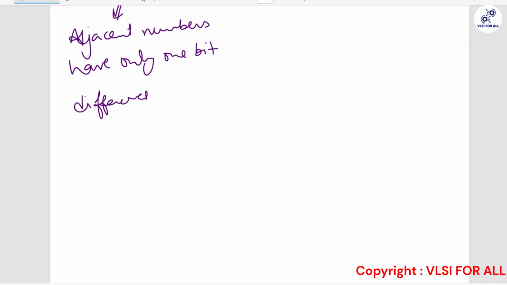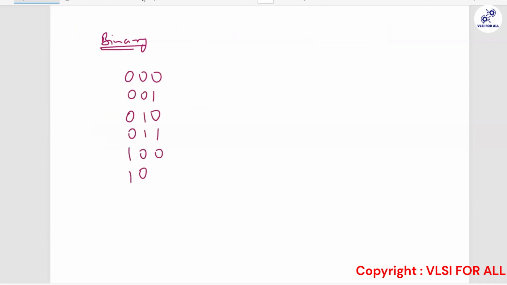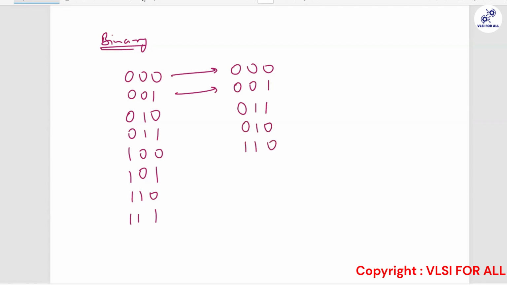So if you simply say binary coding versus gray encoding, how do we write binary? We have these values: 000, 001, 010, 011, 100, 101, 110, 111. So 000 is simply mapped to 000. This will be 001 only. This will be 011. This will be 010. This will be 110. This will be 111.